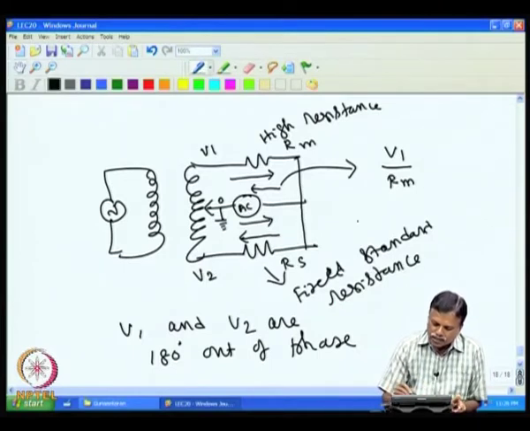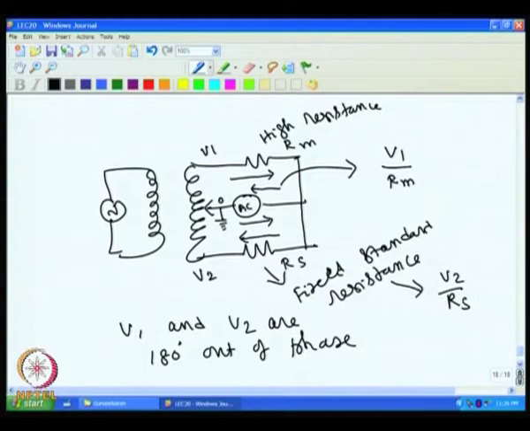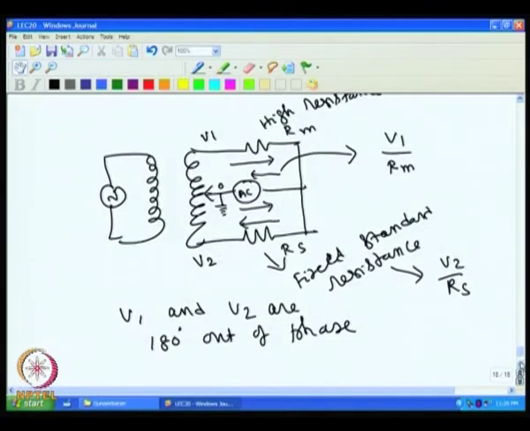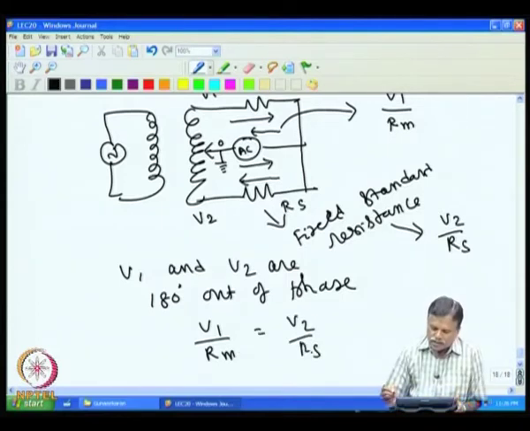The fixed resistance current is V2 by Rs. So at balance these two currents are equal, and I can equate these two. Essentially it becomes V1 by Rm equal to V2 by Rs.